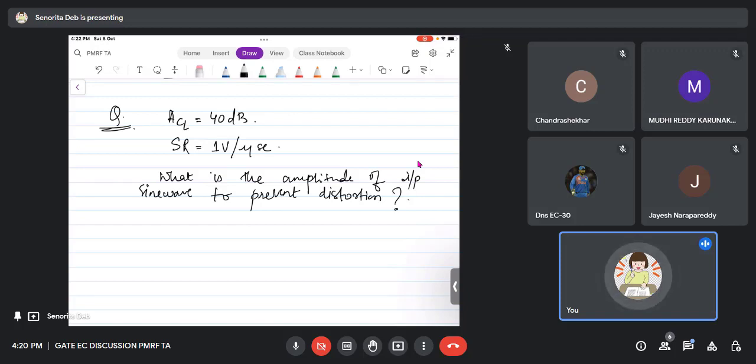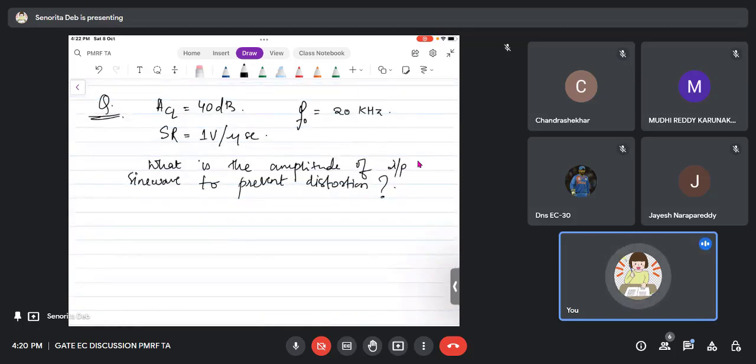Take f naught, the frequency of operation, to be 20 kilohertz. Please write down this question: an op amp has a closed loop gain of 40 dB, slew rate is 1 volt per microsecond, f naught is 20 kilohertz. What is the amplitude of the input sine wave to prevent distortion?